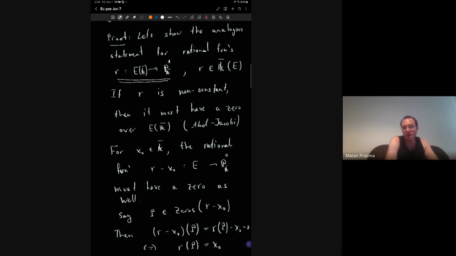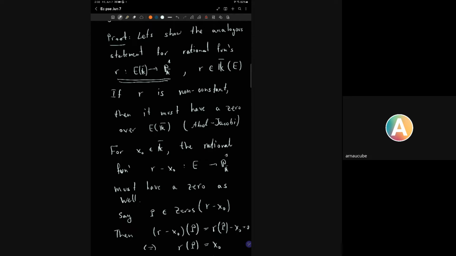A polynomial always has a pole at the point at infinity, right? Because if you substitute infinity comma infinity in a two-variable polynomial, you get infinity. Okay, I see now. Thanks.